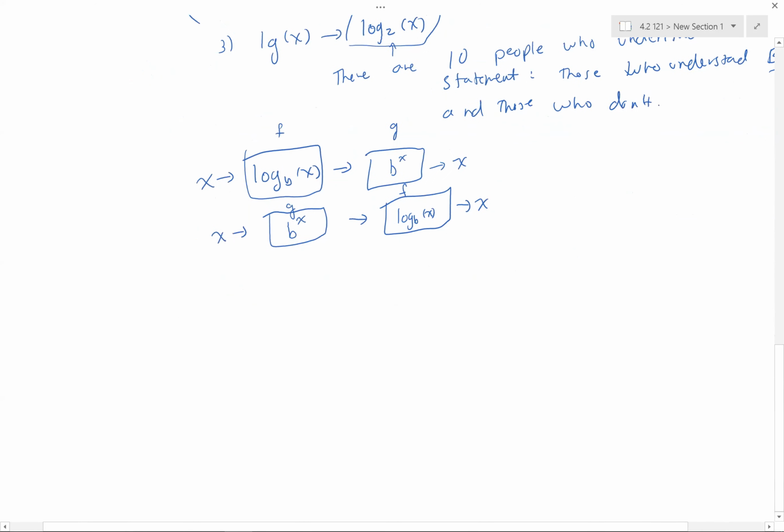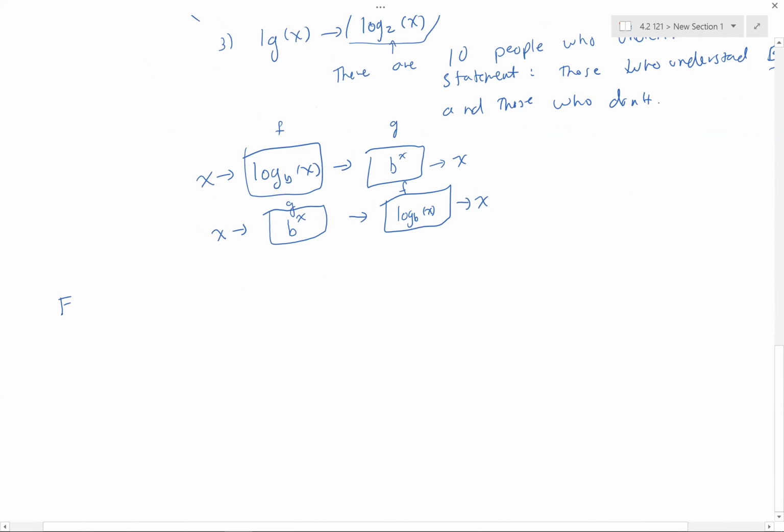So how do we evaluate? Well, again, we want to think in terms of exponentiation.